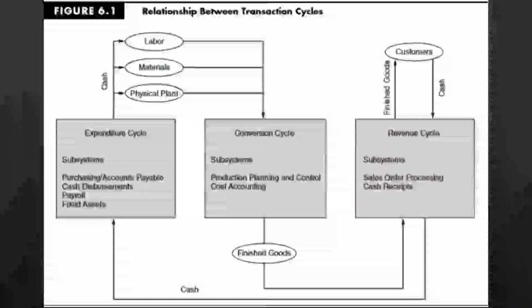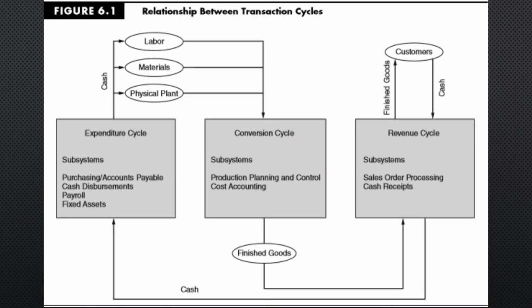So yung next is yung about doon sa figure 6.1, relationship between doon sa transaction cycles. So mag-i-start tayo dito sa customers. So pupunta siya sa revenue cycle kung saan napoprocess yung order ng customer.